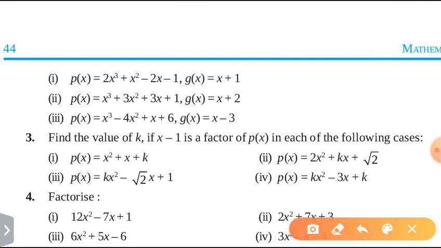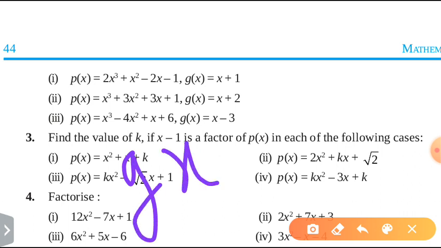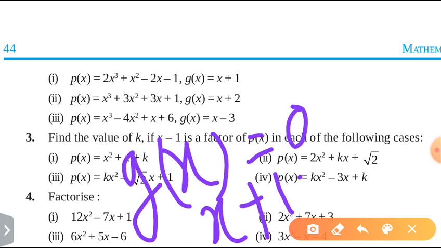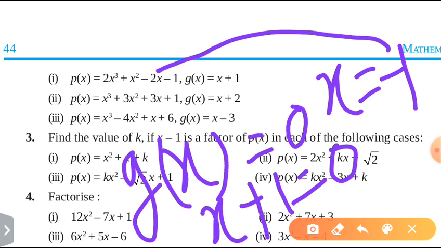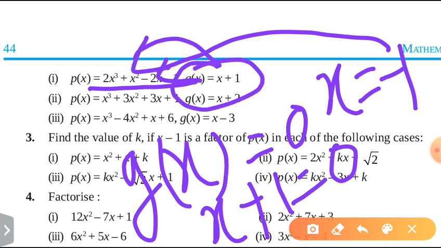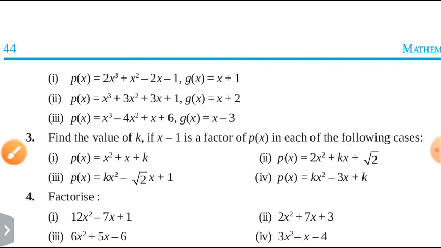First you will write gx is equal to 0. That means x plus 1 equal to 0 and x equal to minus 1 in this polynomial. If the answer is coming 0, that means yes, you will write gx is the factor of px. If the answer is not coming 0, this will not be the factor of this.